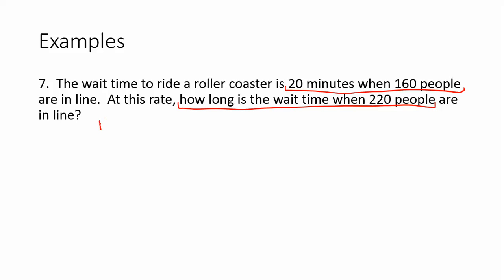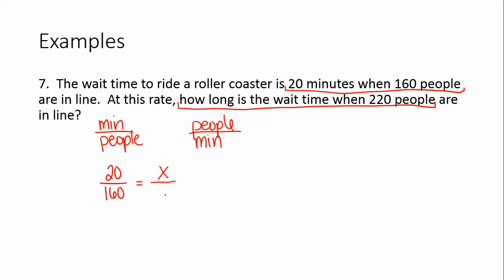So if we do minutes over people for our rate, you could do people over minutes, it doesn't matter. Either way, you're going to get the same answer. So we can set up the proportion, 20 over 160. So it's 20 minutes when 160 people are in line. Then we need to know how long, there's our variable because we don't know how long it is, with 220 people. And now we can solve the proportion.